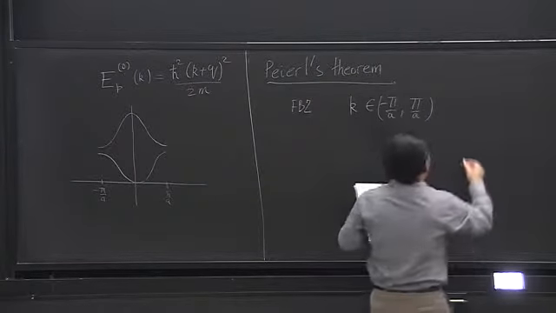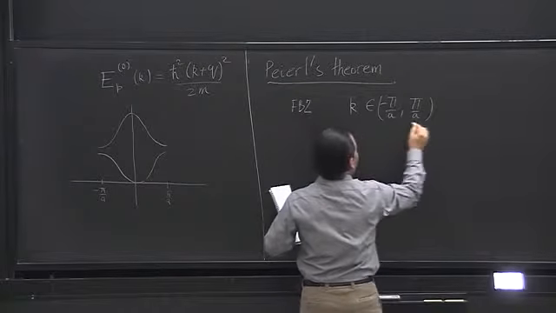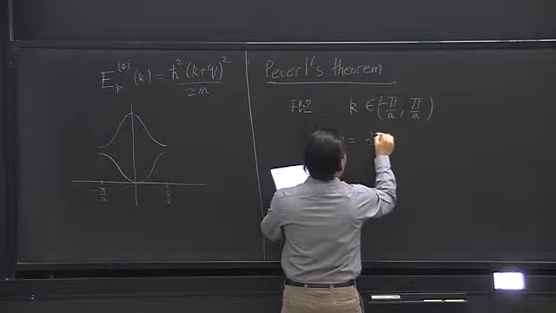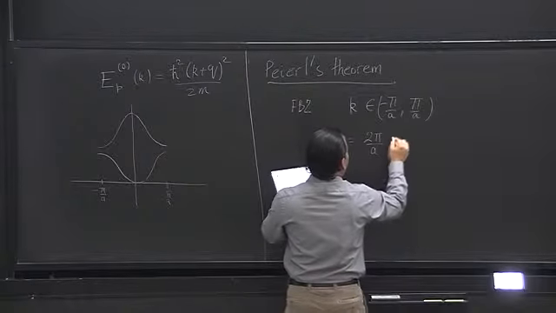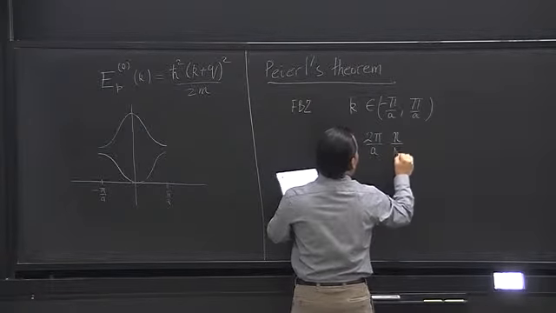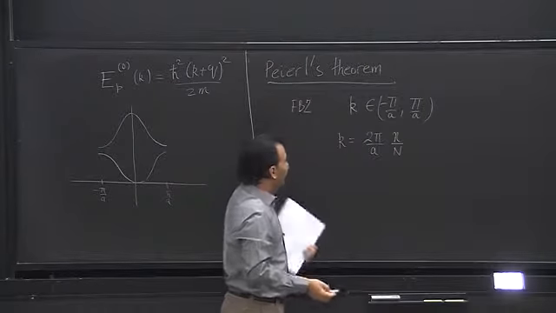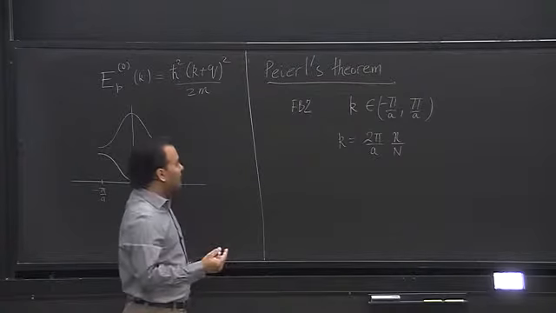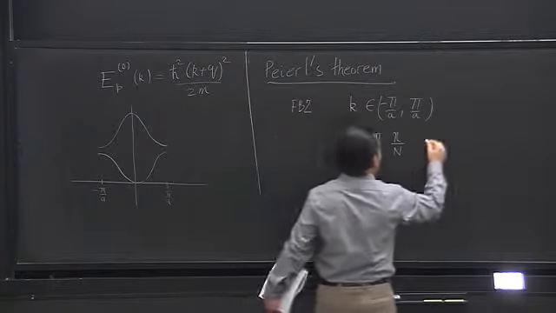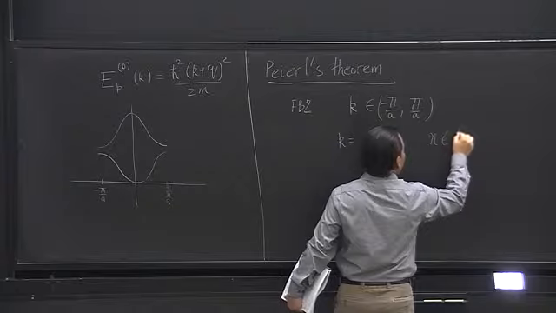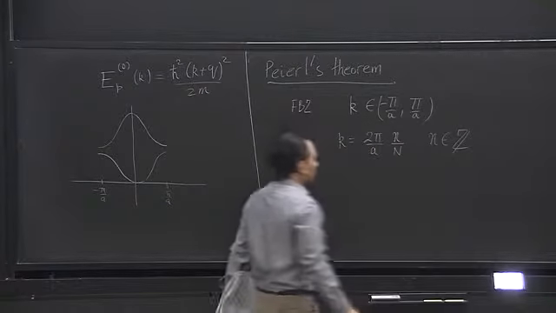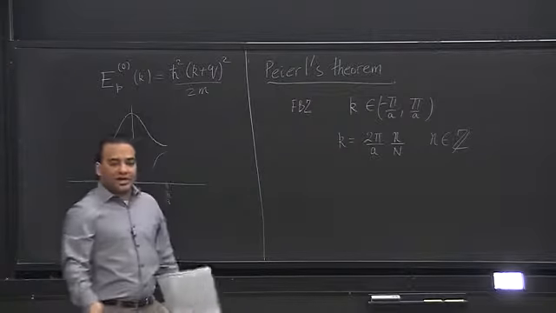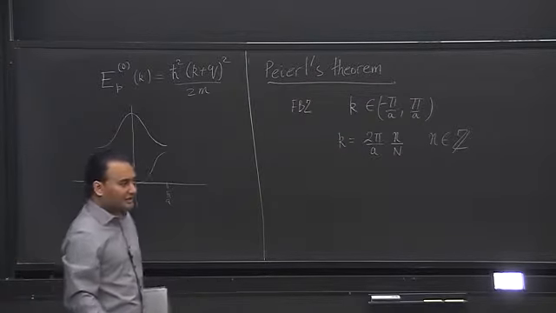So what that means is K can only be a multiple of 2 pi over Na, where Na is the total length. So N is the total number of sites, a is the lattice constant, and this small n is some integer number. These are the only values that K can take because we have imposed periodic boundary conditions.